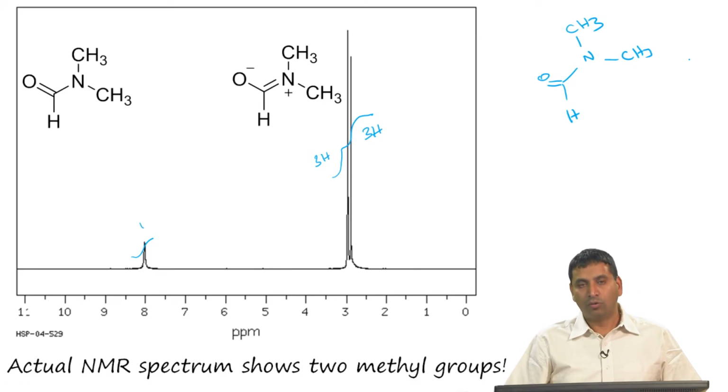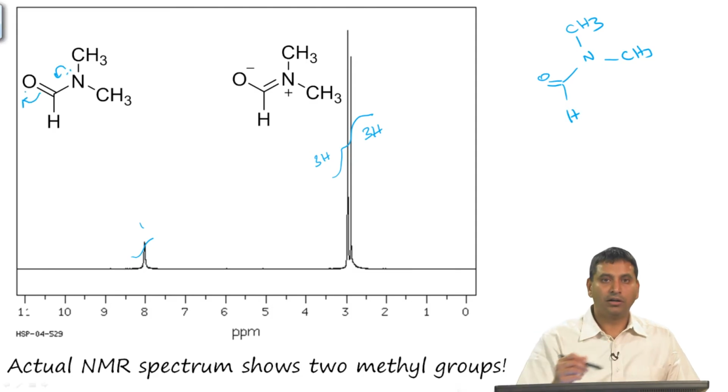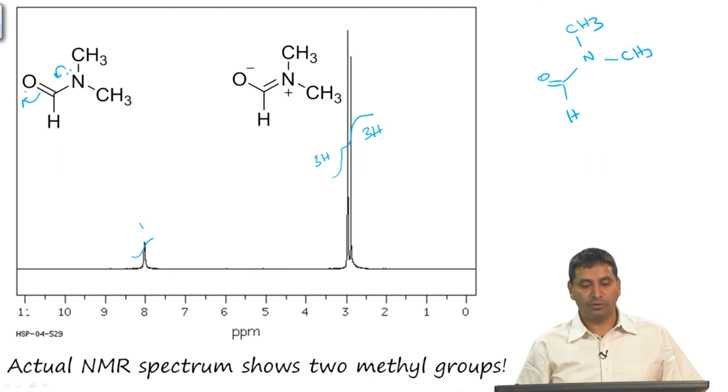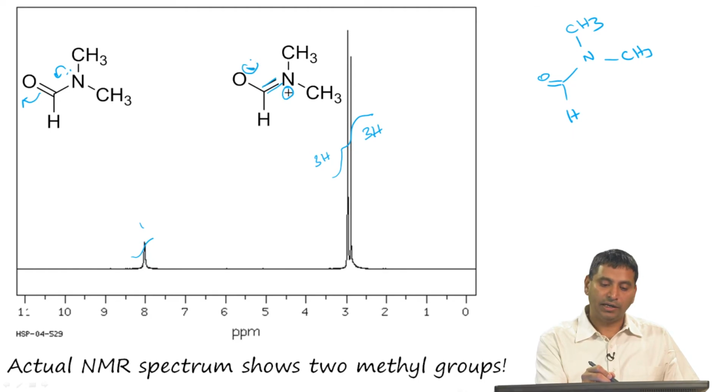What we know from the prior lectures on amides is that the lone pair on the nitrogen can delocalize into the carbonyl. Once this happens, it generates a form of nitrogen where there is a positive charge on nitrogen, there is a double bond, right, and an O minus.